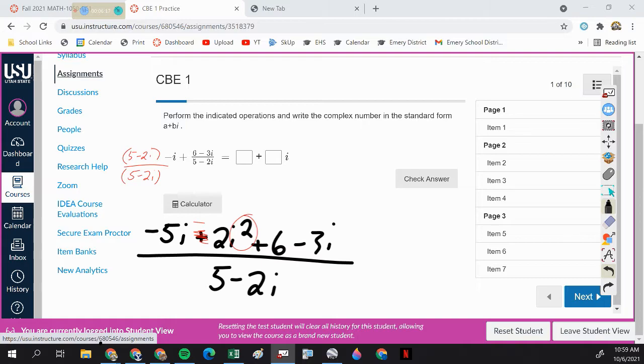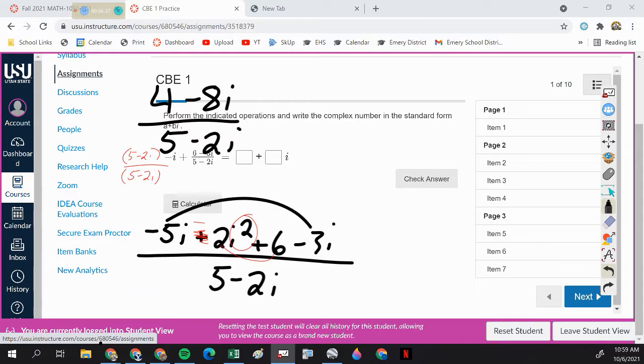So in the numerator, those two become negative 8i, and these two become 4. I think I did that right. Okay. Any questions so far?